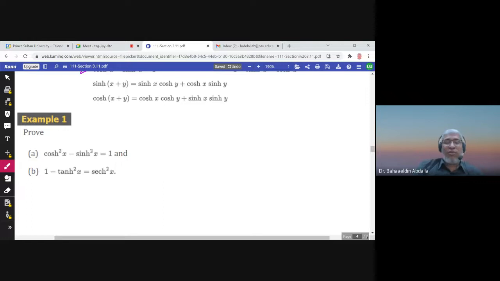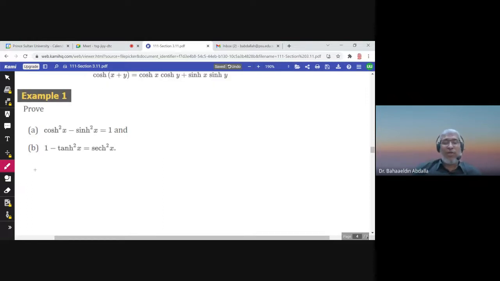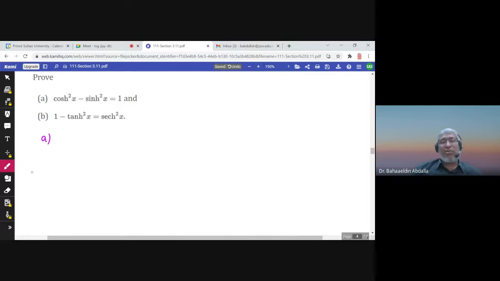And to prove it, to prove cosh square minus sinh square is 1, we can write the definition of cosh, which is e to the power x plus e to the power negative x over 2, and raise it to the power 2 minus, and we write the definition of sinh, which is e to the power x minus e to the power negative x over 2, and raise it to the power 2. Now, to raise these two terms to the power 2, I will write it over 4. Okay, 2 squared is 4.